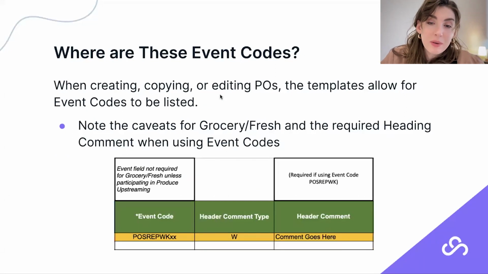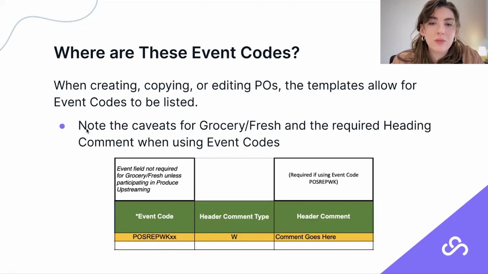I will show some of the event codes here in a second, but I did want to call out, when creating, copying, editing POs, the template does allow for the event codes to be listed. You can see here, this is a particular event code. It looks like this is a specific one for replenishment for a specific week.